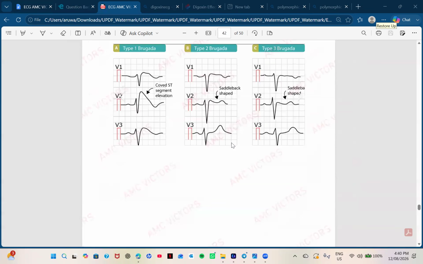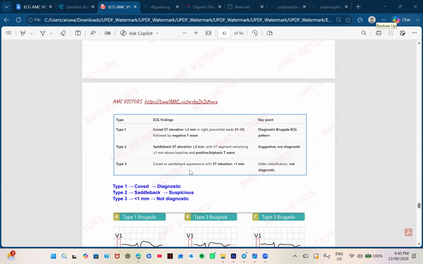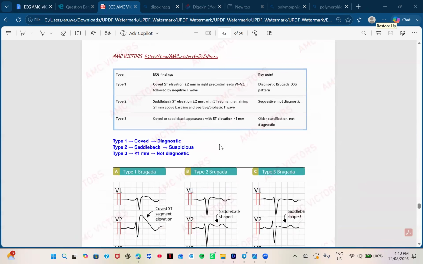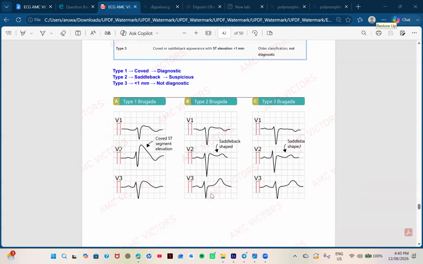Very important. Other than that, what is type 2? You can see saddleback ST elevation greater than or equal to 2 millimeters, with the ST segment remaining greater than or equal to 1 millimeter above baseline and a positive or biphasic T wave. Here is the saddleback shape, right?